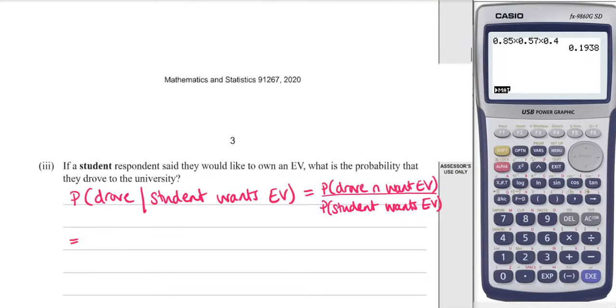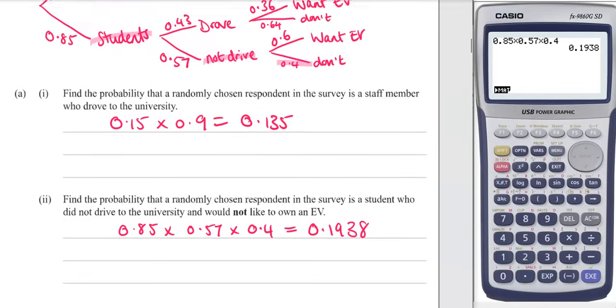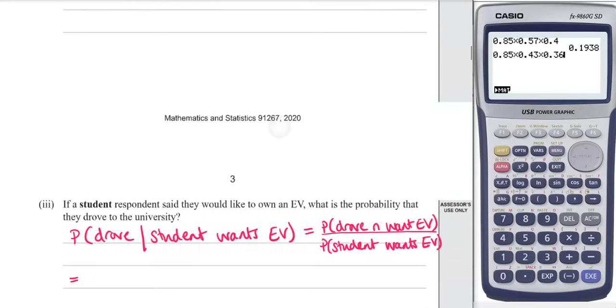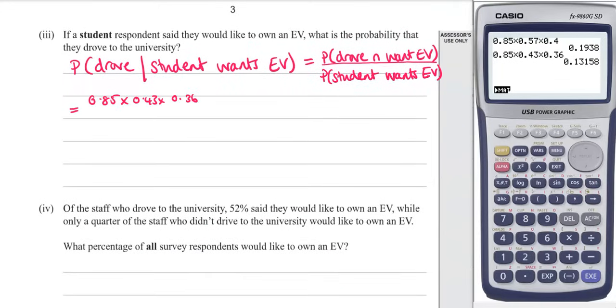Okay, so let's go back and look at our tree diagram. If they drove and they want an EV, that was this line here. So 0.85, 0.43, 0.36. So satisfying all three of those things.